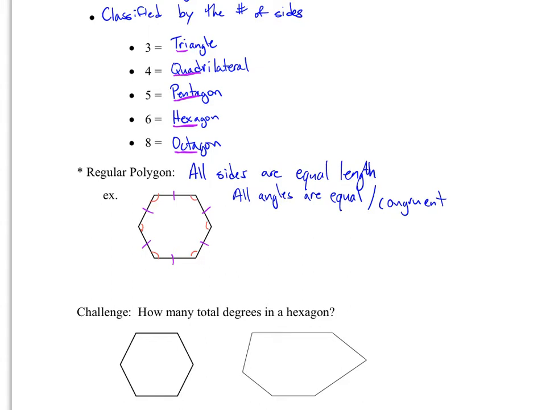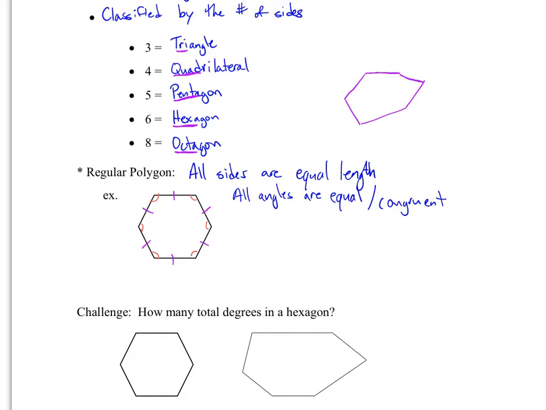So, are all hexagons regular polygons? No. Some hexagons can have different side lengths. Like if I went here, 1, 2, 3, 4, 5, 6. Those aren't all equal side lengths and angles, but it's a 6-sided figure.